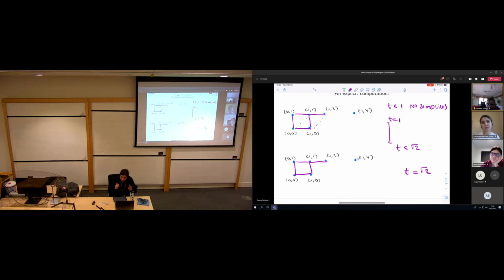Let's do it in order. I'm adding this edge here. But I'm not only adding this edge, because now if I consider these 3 vertices, 1, 2, and 3, all the pairwise distances between them are less than t, so I'm adding also these 2 simplices. Similarly, I'm adding these 2 simplices. Similarly, I'm adding this edge and the other 2 simplices. I'm not going to color them, you get the idea.